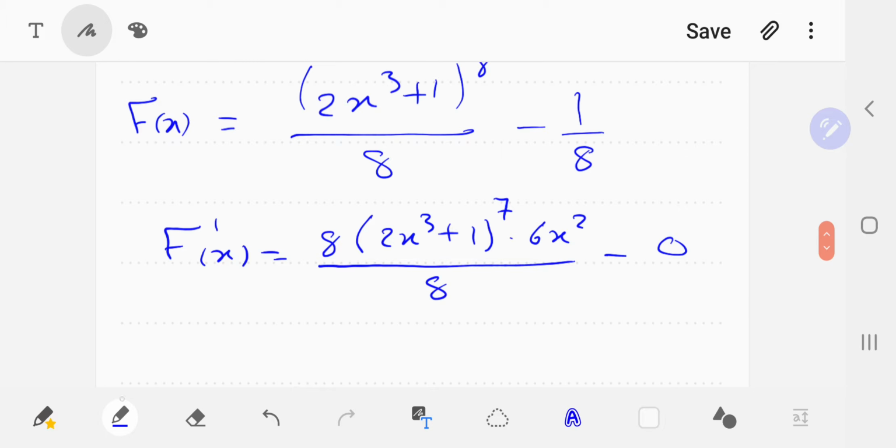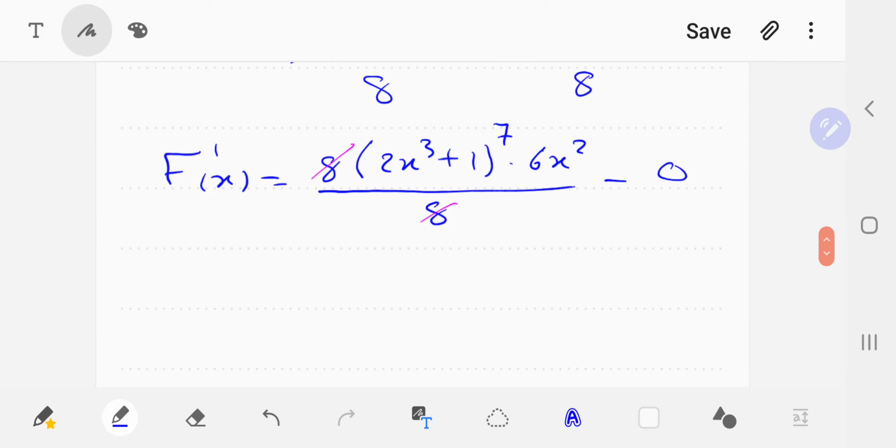When you simplify, 8 with 8 will cancel. So you will be left with 2x cubed plus 1 to the power of 7 times 6x squared.